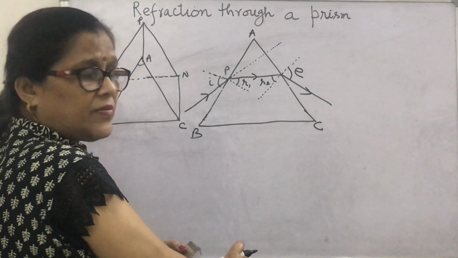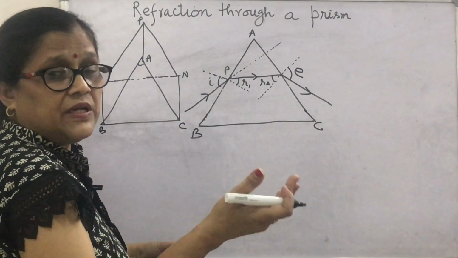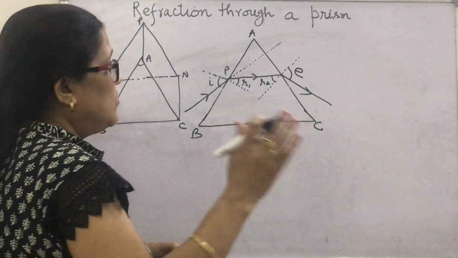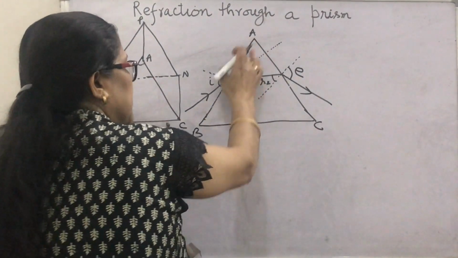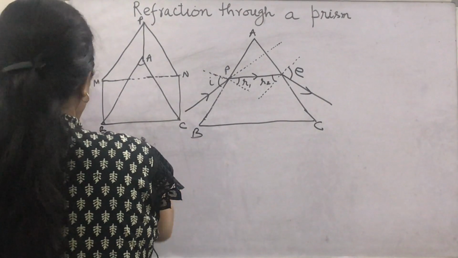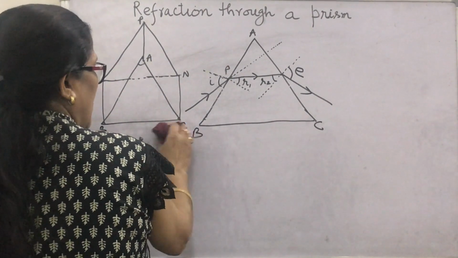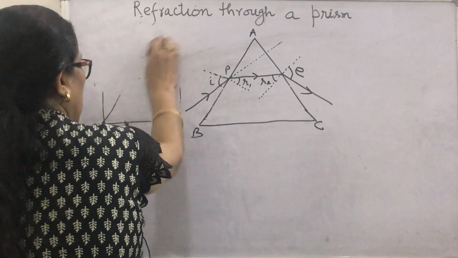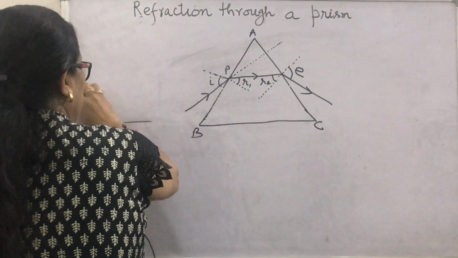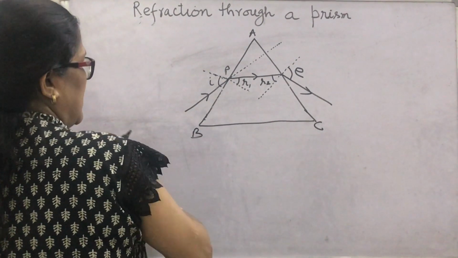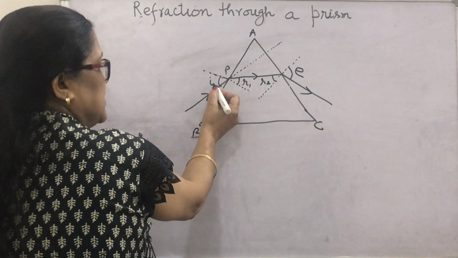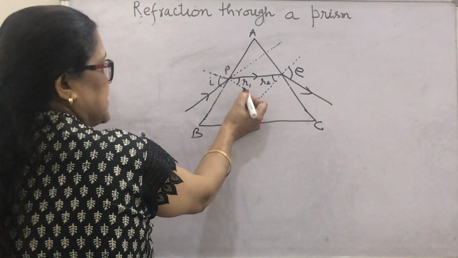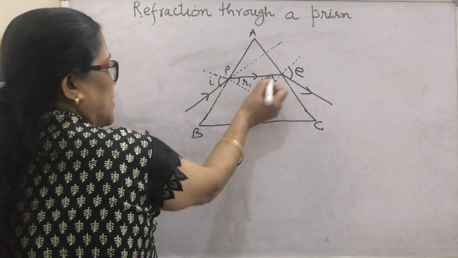Okay. How to derive the refraction formula? Look, for the surface AB, how will you write the expression? I am showing, look at the surface AB. If you see, this is the angle of incidence, this is the angle of refraction. These are the normals.